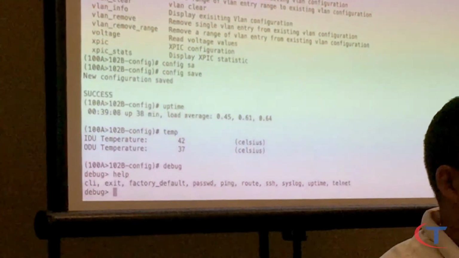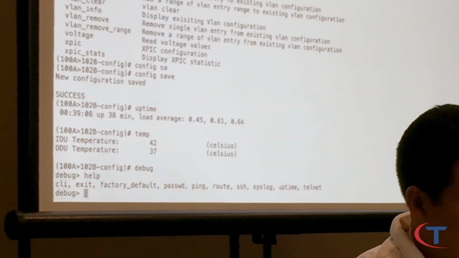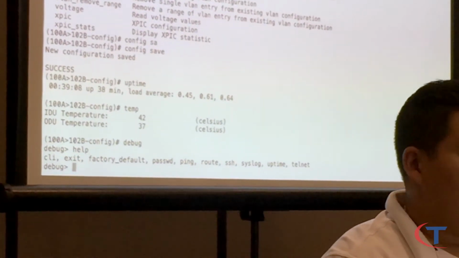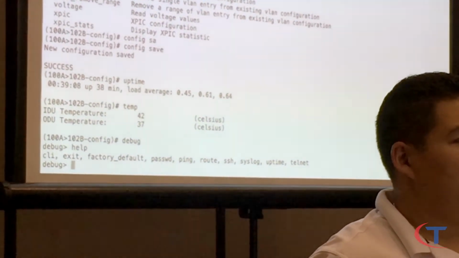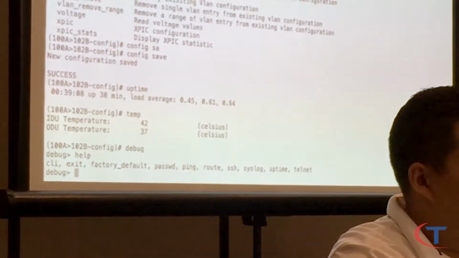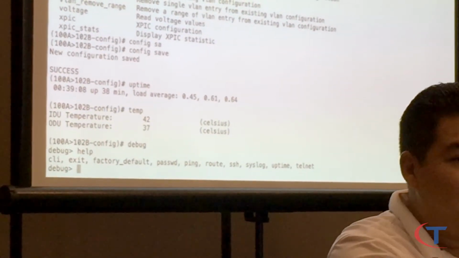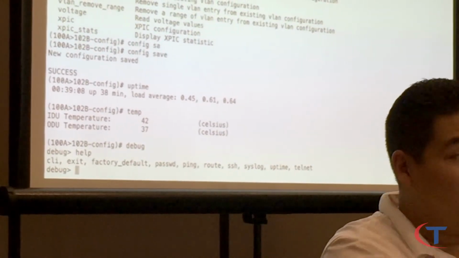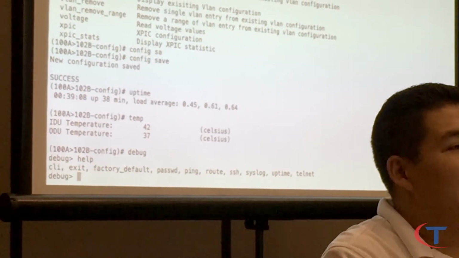I can ping other devices from the radio, do a route, SSH, syslog, uptime, and telnet. Now, for troubleshooting purposes, if I'm going across the link and I cannot ping my far side router, from this interface, I can ping my local switch connected directly to the radio, see if I'm at least getting something.